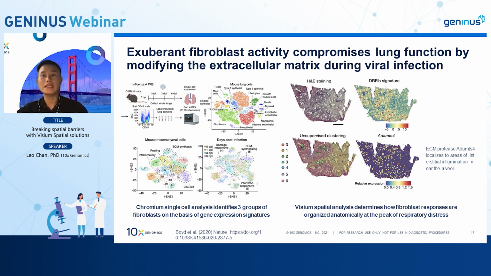And you can see this in the right panels as the red group 0. But these are absent in other regions. Their data placed these damage-responsive fibroblasts expressing ADAMTS4 in the distal airways as a critical inflection point where the hosts either begin to recover or their conditions become worse.